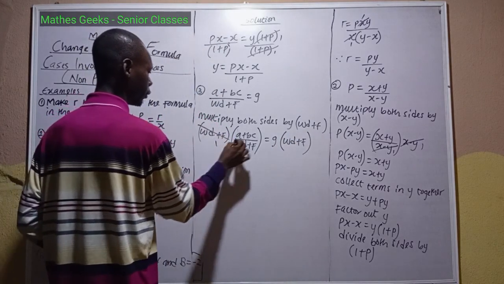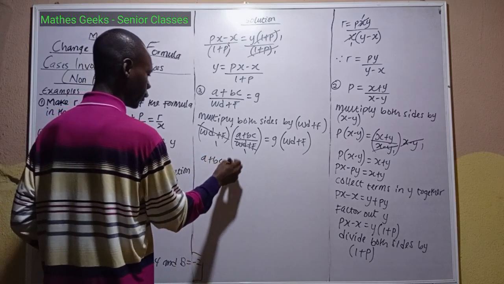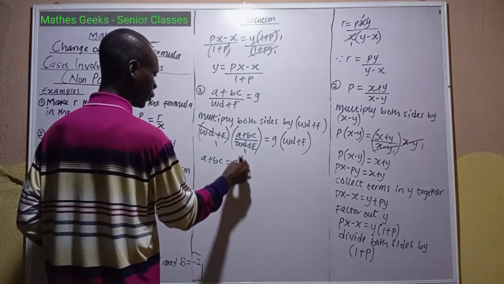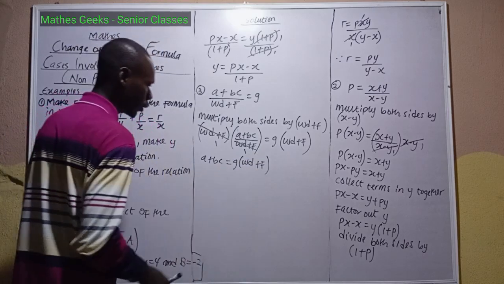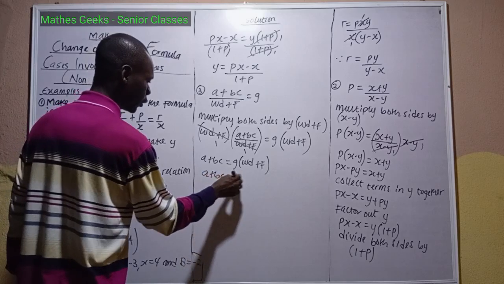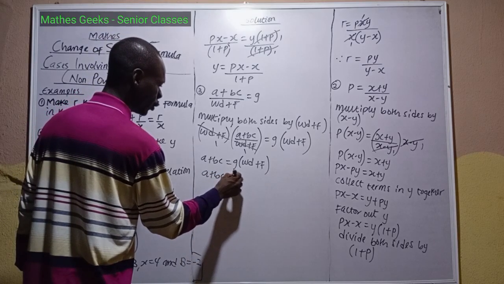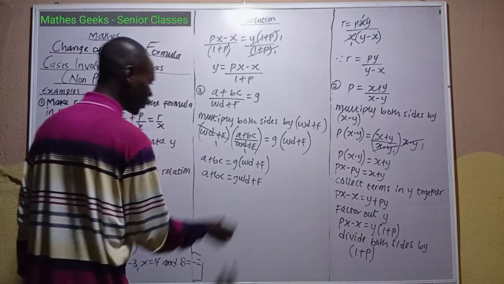So this will eliminate this. a plus bc equals g(wd plus f). So let's open our bracket: a plus bc is equal to gwd plus gf.